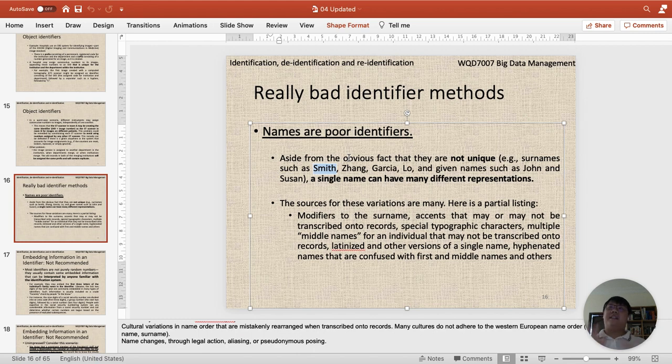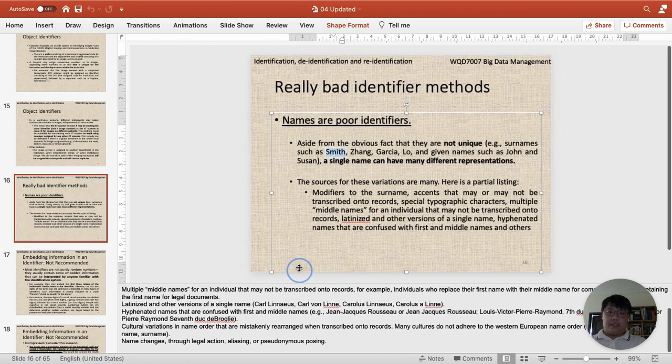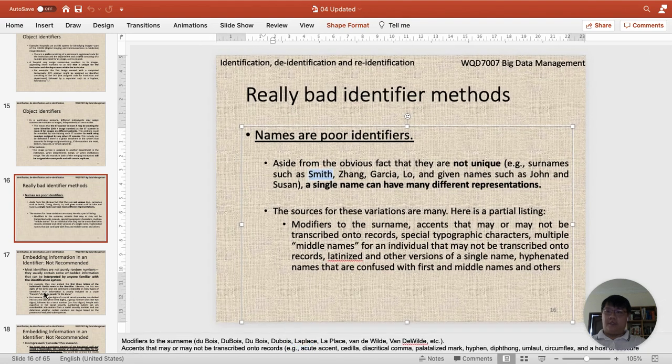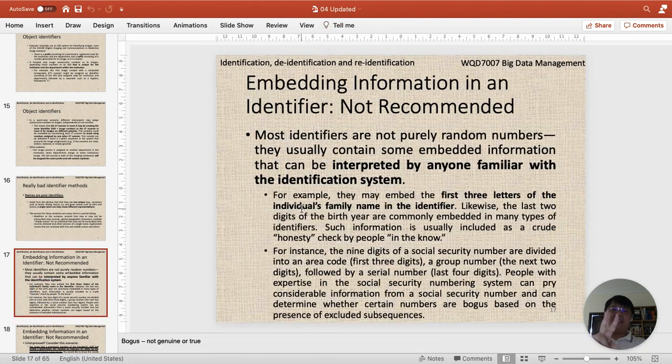So all these different identification systems help us to differentiate these kinds of issues, because name is really a bad identifier. Please take a look at the example over here. The second thing is, most identifiers are not purely random numbers.